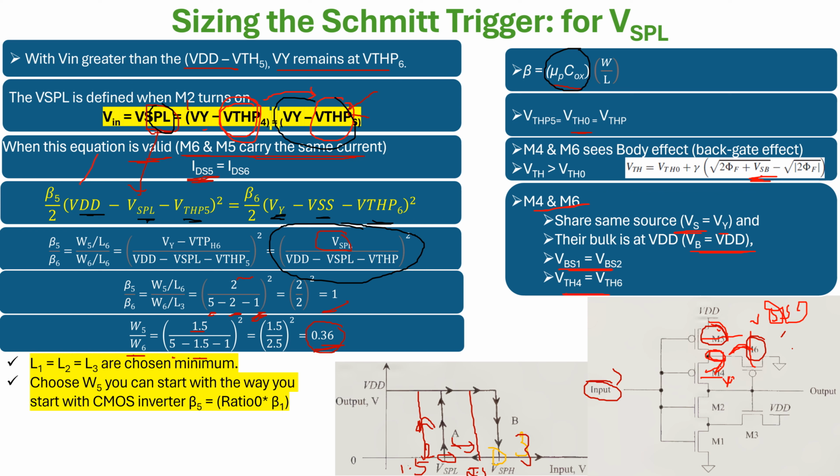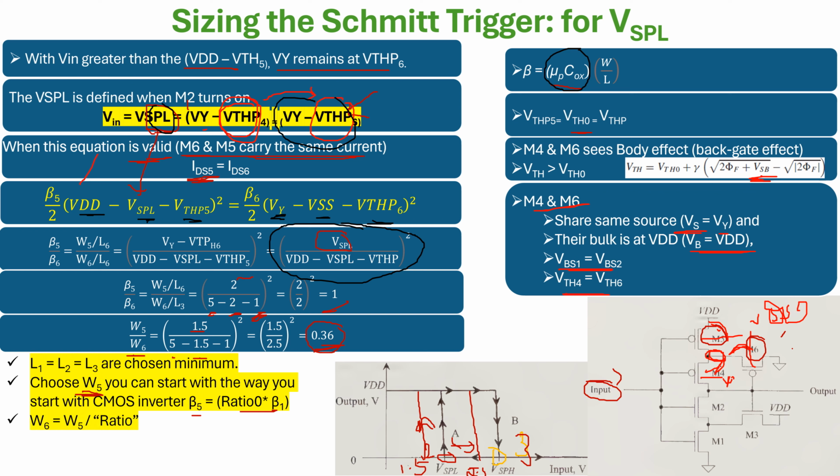We take the NMOS, and depending on the ratio of the pull up and pull down strength, we size the PMOS. Maybe 2 times, maybe 1 time. In lower technologies it may be 1 time; in the olden days it used to be 2 times or 2.5 times. In that way, size W5, keeping W1 in mind, so beta 5 is equal to ratio into beta 1.